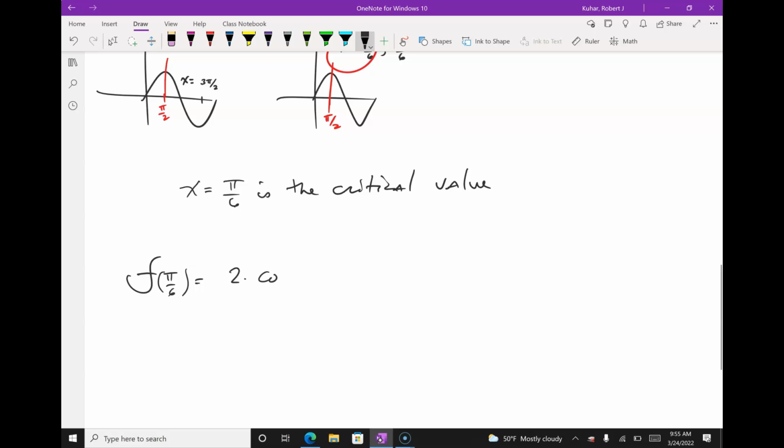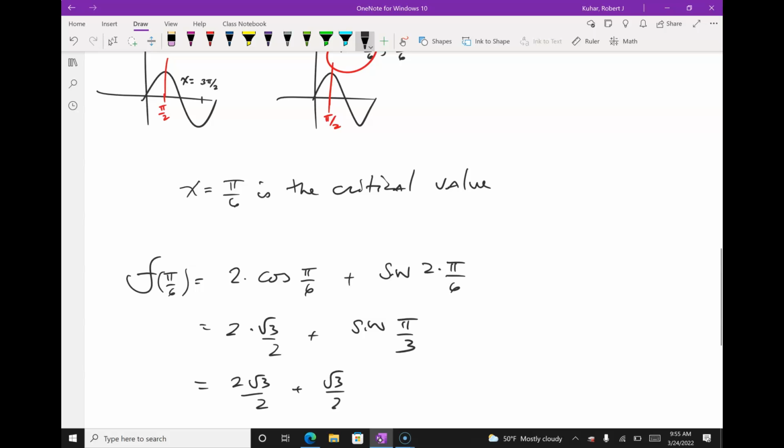So 2 times cos of pi over 6 plus sine of 2 times pi over 6. Well, that's 2 times rad 3 over 2 plus sine of pi over 3. Oh, that's rad 3 over 2. 2 times rad 3 over 2 plus rad 3 over 2 is 3 rad 3 over 2. And that's my max height.